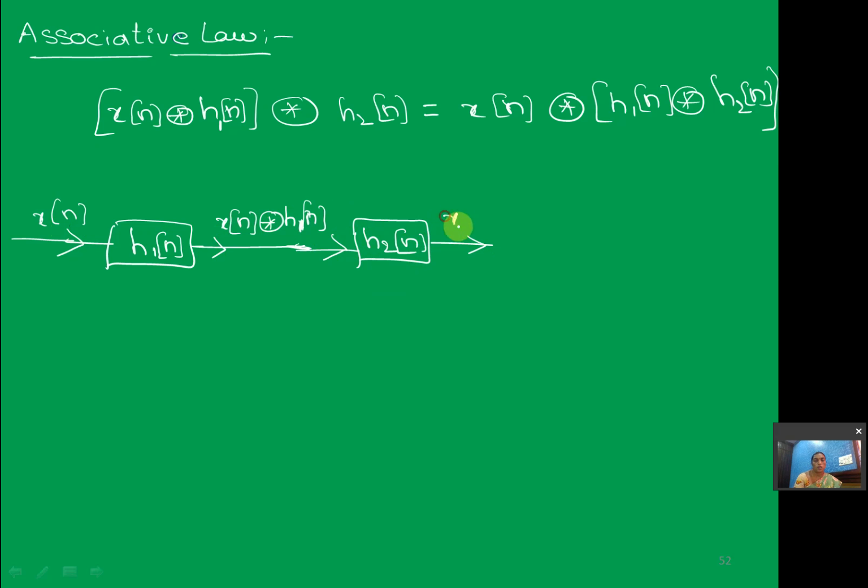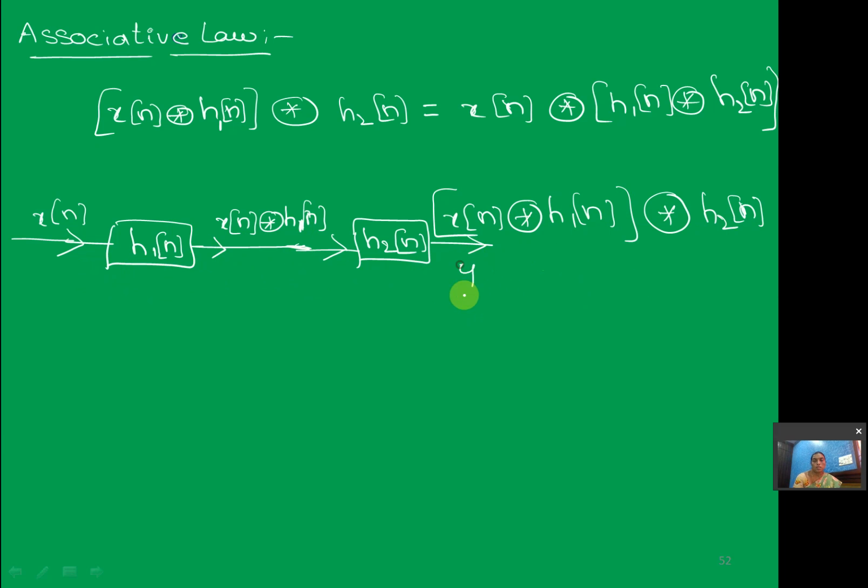The input here is x(n) convolved with h1(n), let it be y1(n), which is convolved with the second system h2(n). That means the systems are cascaded, with the output connected to the second system's input and so on.